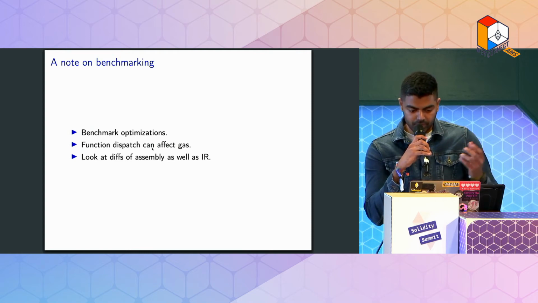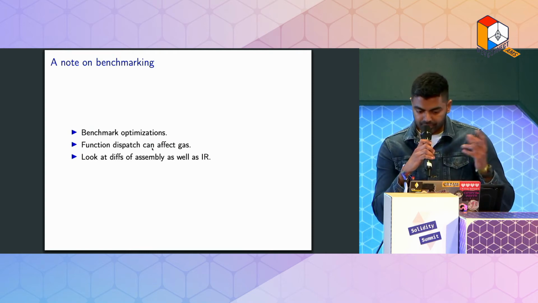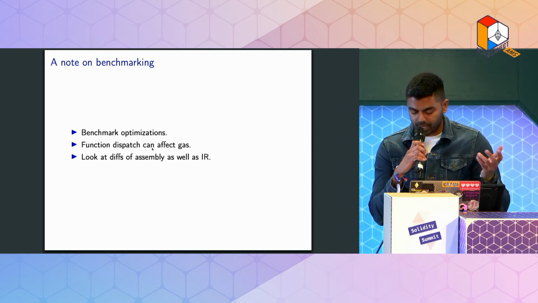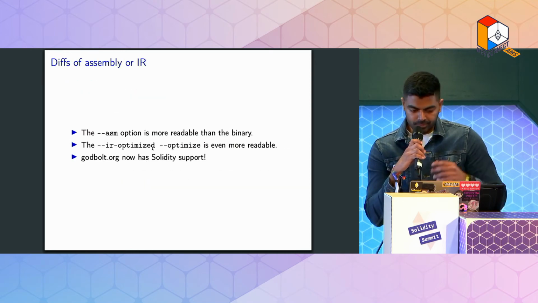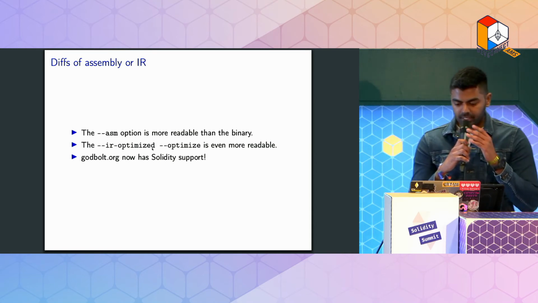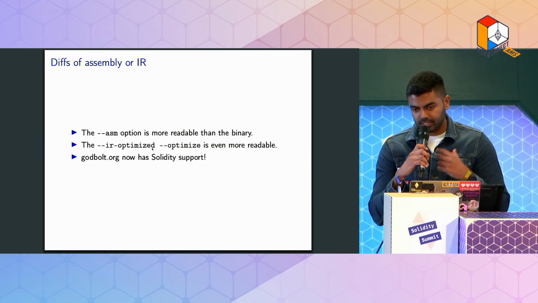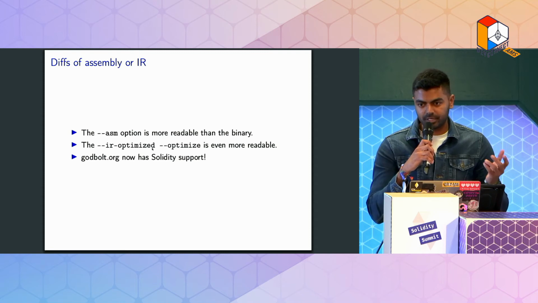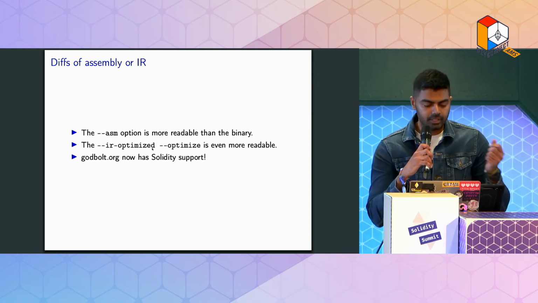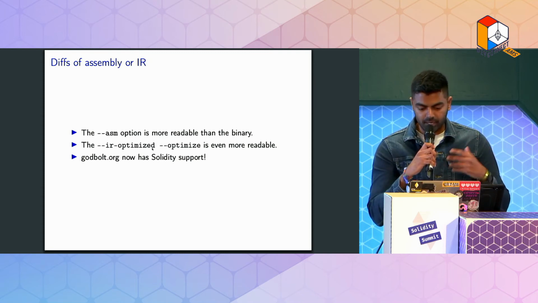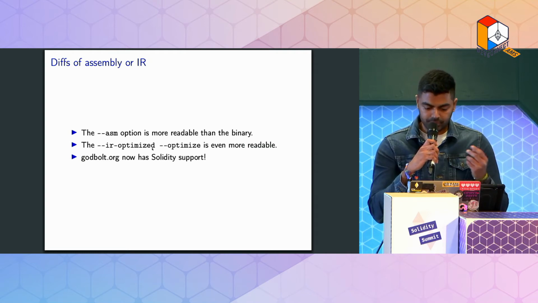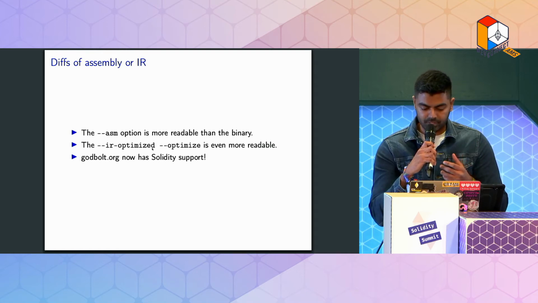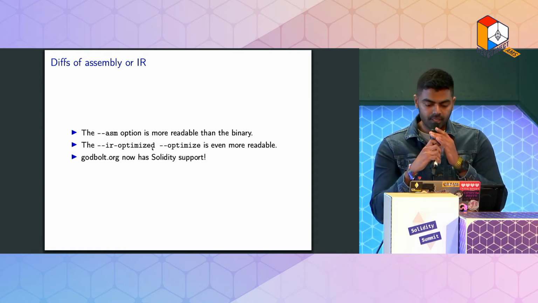And the other thing you can do is to look for the diffs of assembly as well as the optimized IR. I've noticed people looking at the diffs for binary, but the problem with the binary is that it's unreadable. But the compiler actually generates a much more readable assembly output, which you can get by using the --asm option.